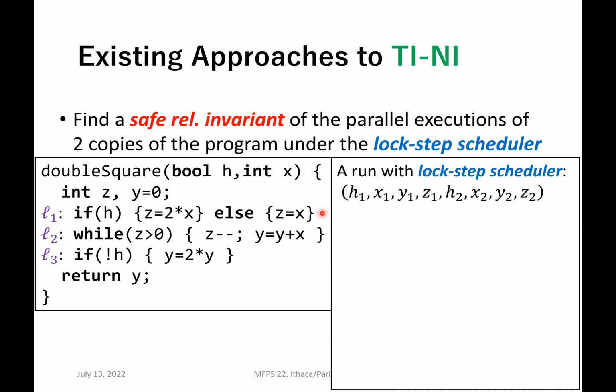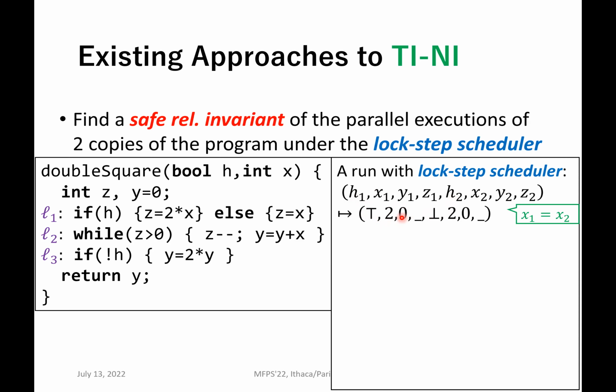Let me show an example run with the lockstep scheduler. For example, starting from this pair of states that satisfy the precondition. Please note that the state of the first copy assigns true to the high security input h, and the state of the second copy assigns false to h, which are different.